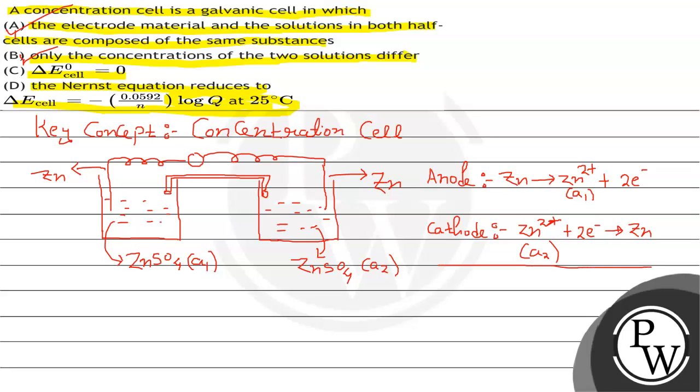So the overall reaction will be Zn2+ of A2 activity getting converted to Zn2+ of A1 activity. Going to the next page.